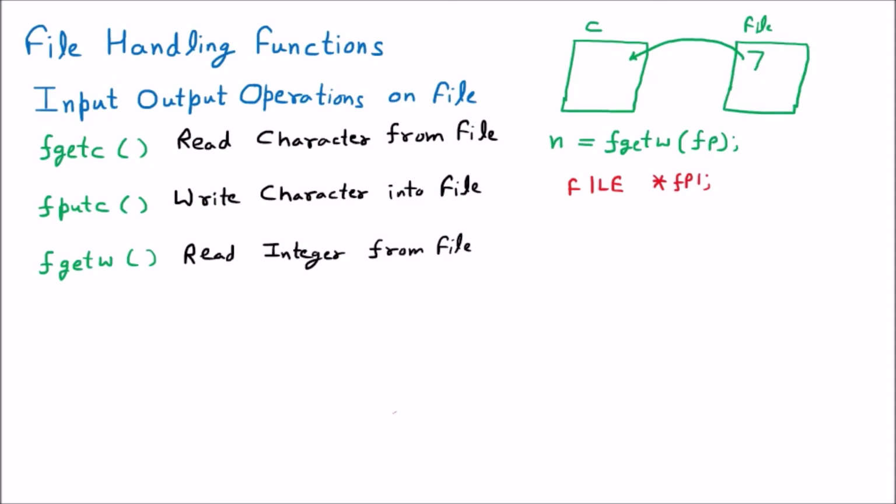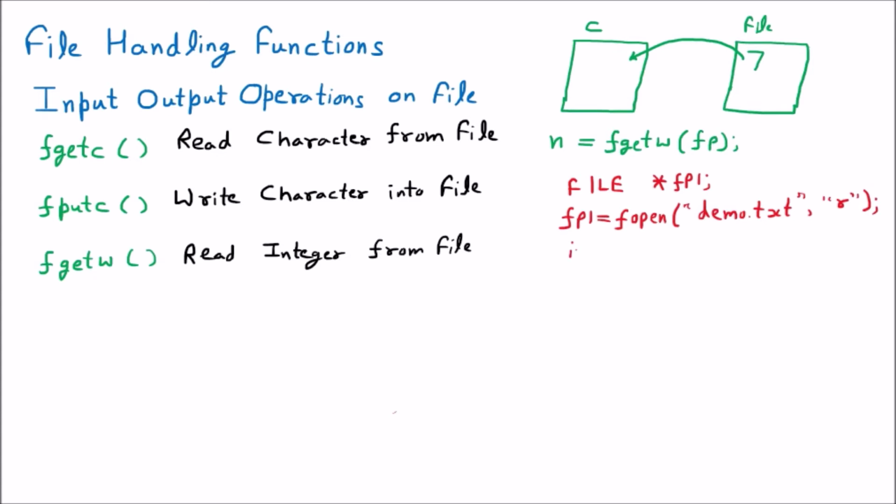So now we are saying fp1 is equal to fopen. We are opening the file with the help of the file pointer. Let us suppose the file name is demo.txt. As we are reading from the file, we are opening the file in reading mode.